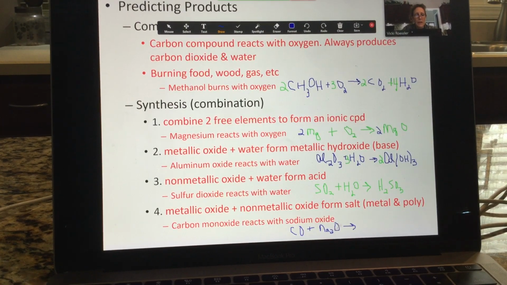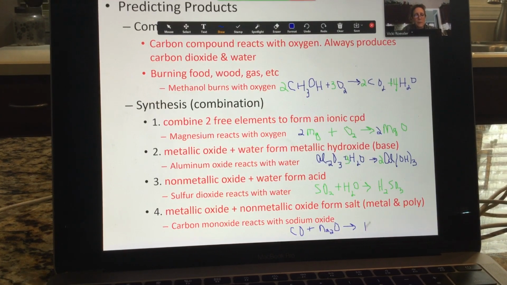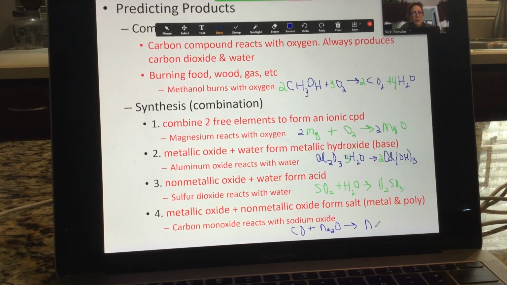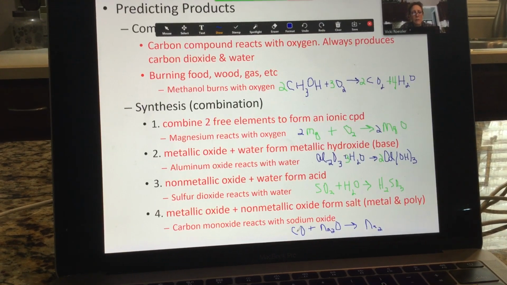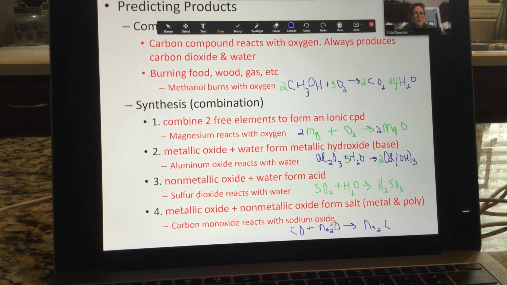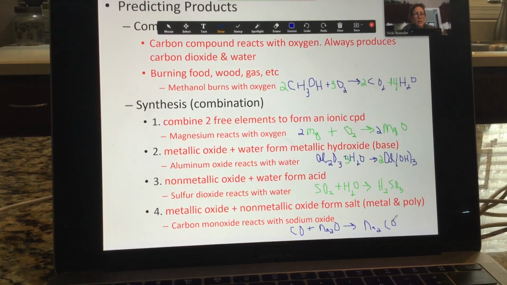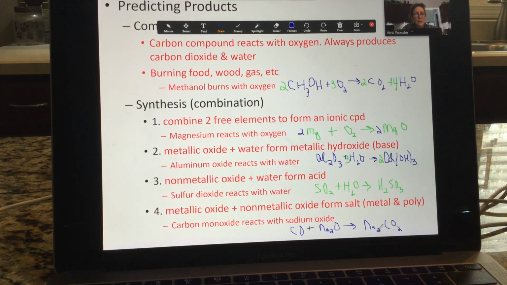We're going to combine it together to make this salt. So we have our metal, and then what remains forms our polyatomic ion. So we have carbon, and then a total of, in this case, 2 oxygens, which is the polyatomic carbonite, and that's where this 2 comes from.